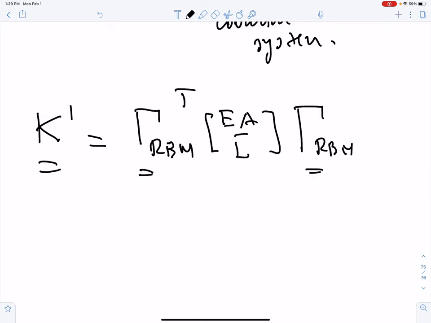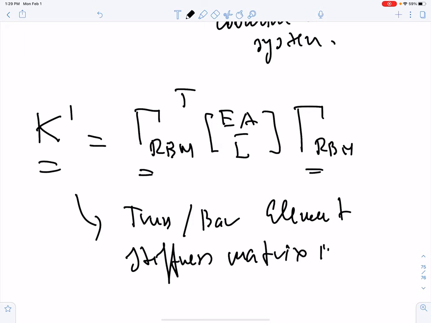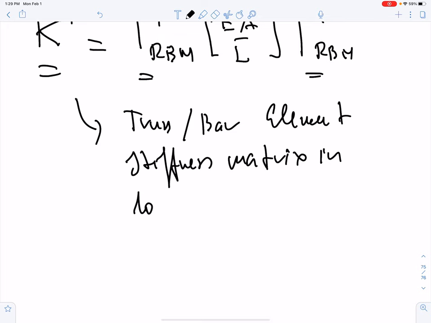So this will be the truss or bar element stiffness matrix in the local coordinate system.